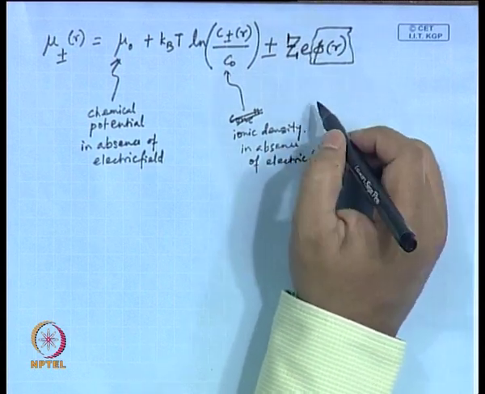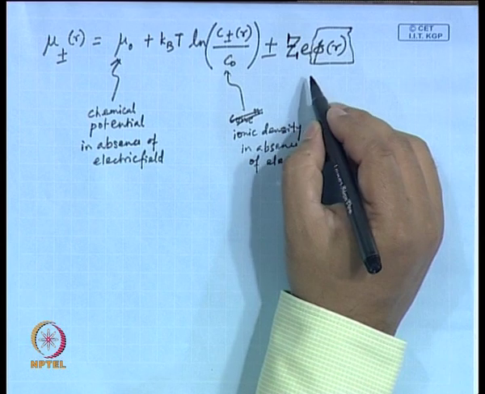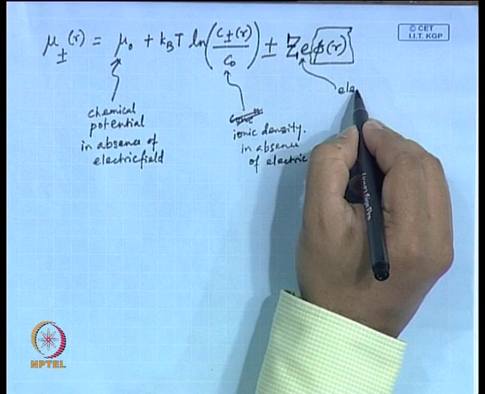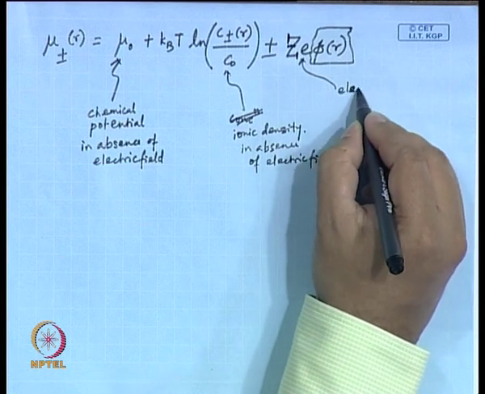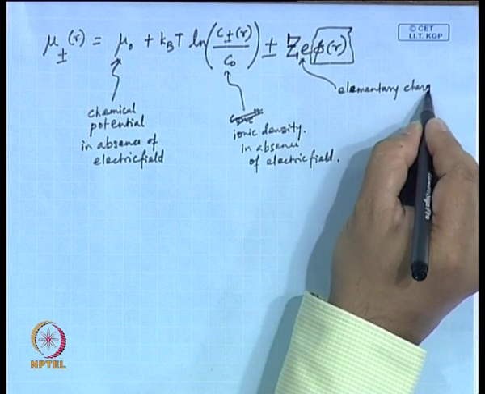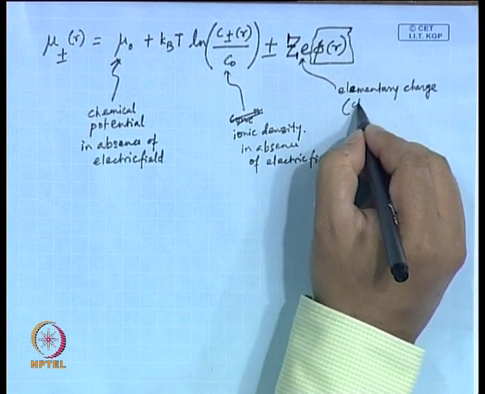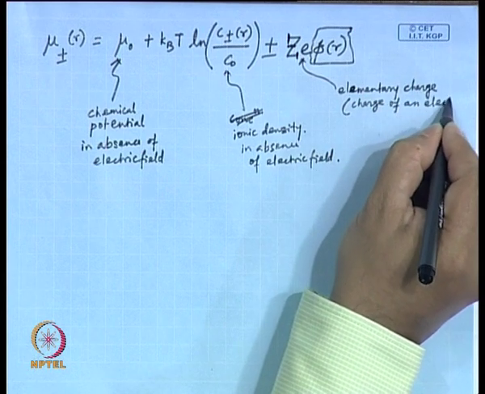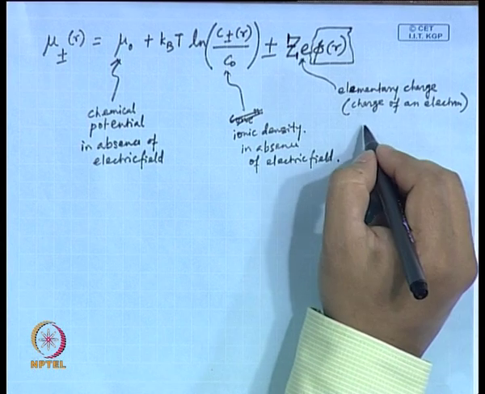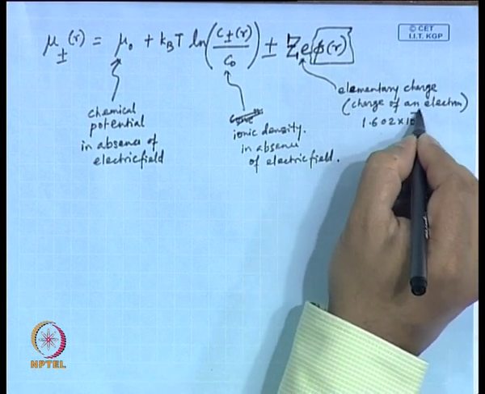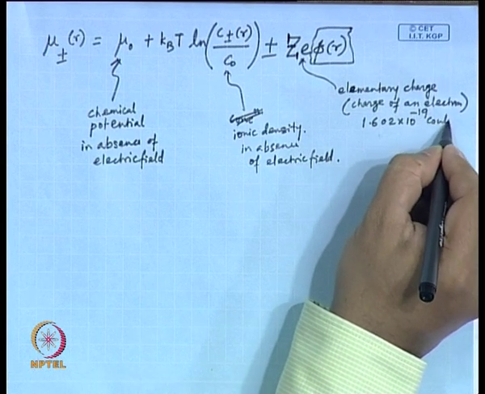So, Z would be the valency number, and this E is the elementary charge, basically the charge of an electron. Its value is 1.602 into 10 to the power minus 19 coulomb.